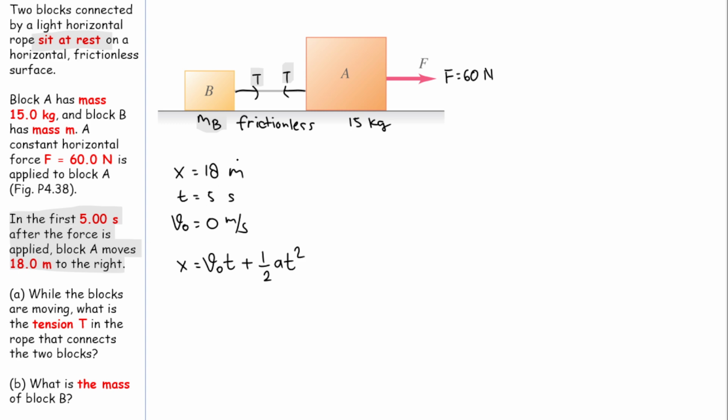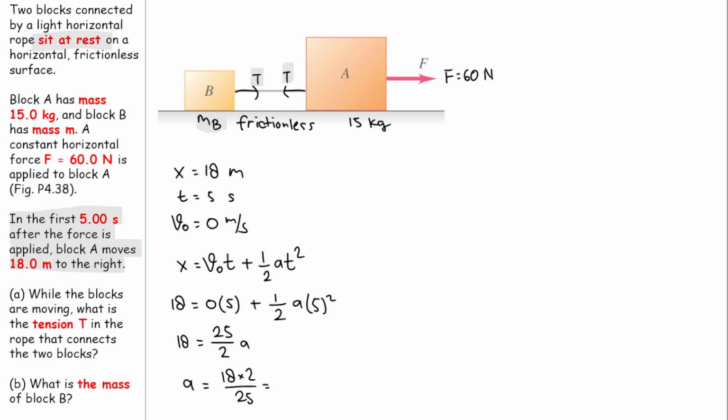So now we plug in the 18 here. So we have 18, and V0 is 0. T is 5. Good. And then we have 1/2 A multiplied by 5 squared. Now we have 18 equal to 5 squared, which is 25, divided by 2, multiplied by A. Or we have our A equal to 18 times 2 divided by 25.